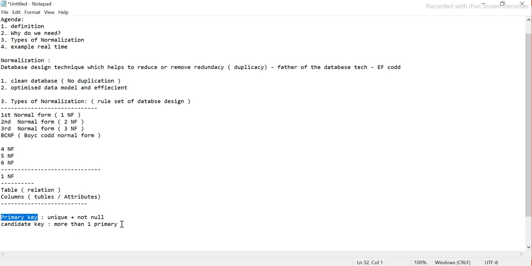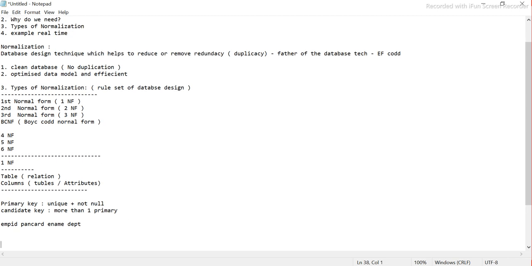These are just definitions, guys, but the idea of the candidate key is that it should act as a primary key, which means it can determine the unique record in that particular table. For example, let's say in a company you have employee ID, and then you also have a PAN card number, and then employee name, and then salary or department, okay?